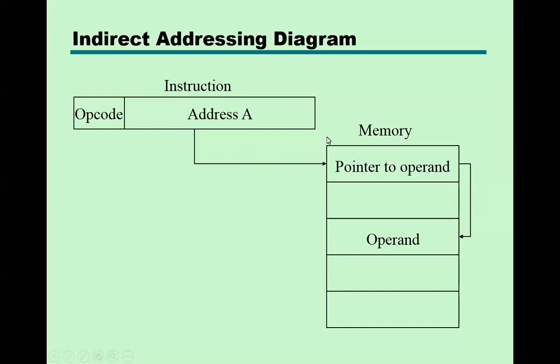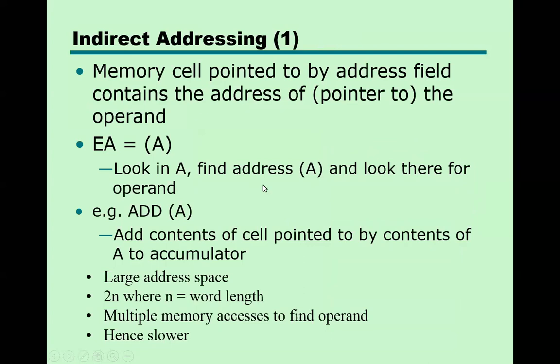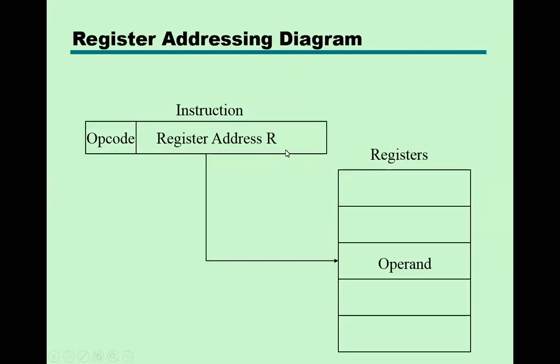So it is like an indirect, because directly you are not getting the operand value from the memory. That location is actually pointing to another location where the operand is stored. By this technique, a number of instructions can refer to the same operand. So indirect addressing.